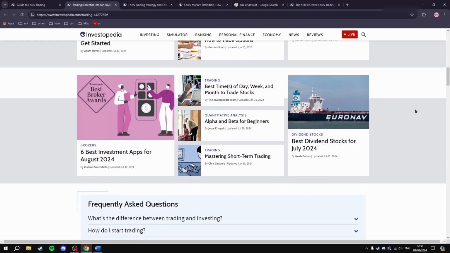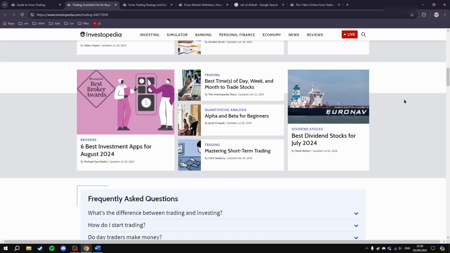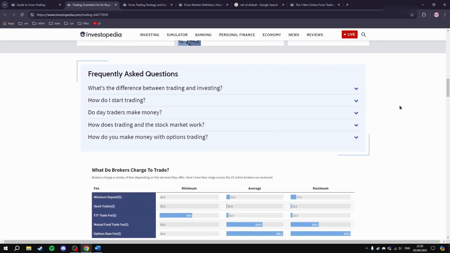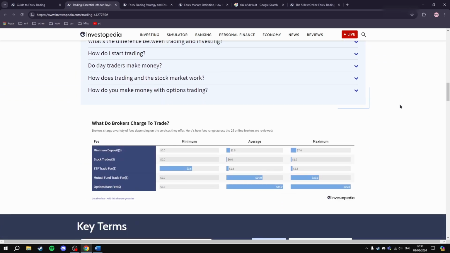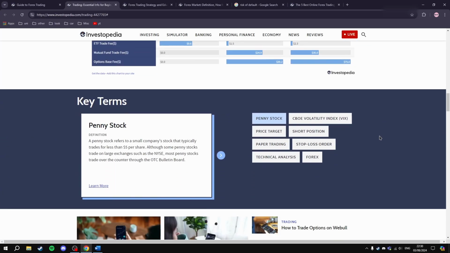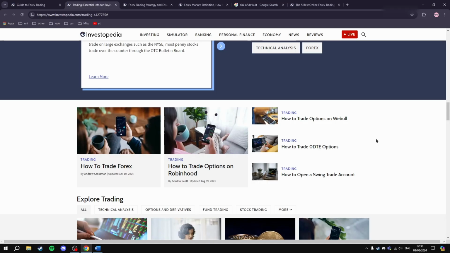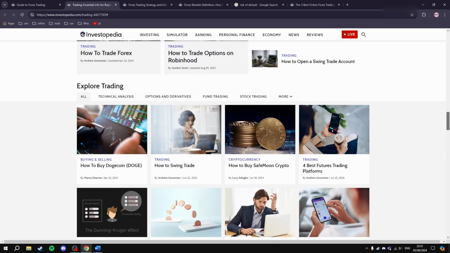So alpha and beta, mastering short-term trading. Penny stock, Robinhood, how to trade forex. So that's technical analysis.